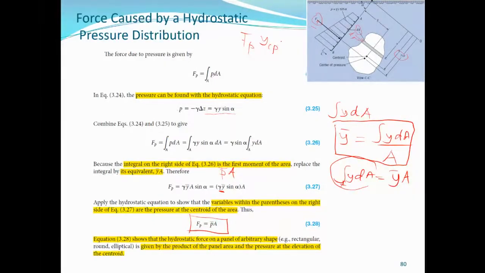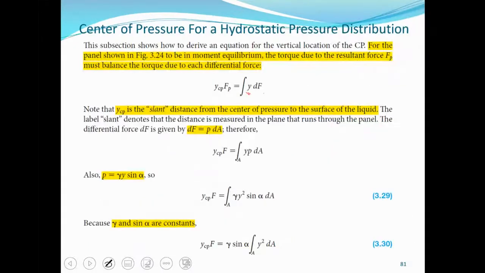This should be equal to the sum, because integration is the sum of all the moments due to small elements dA. The distance to the point of reference O here is Y, and the pressure force acting is dF. The remaining is just to make some substitutions.